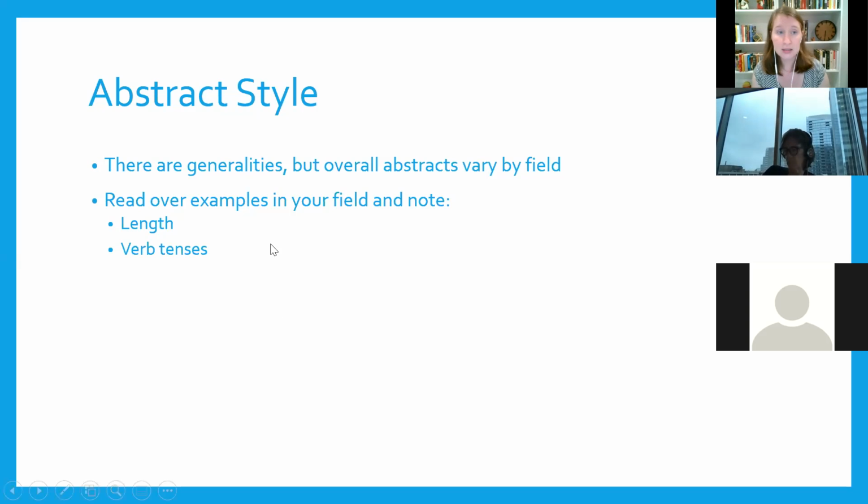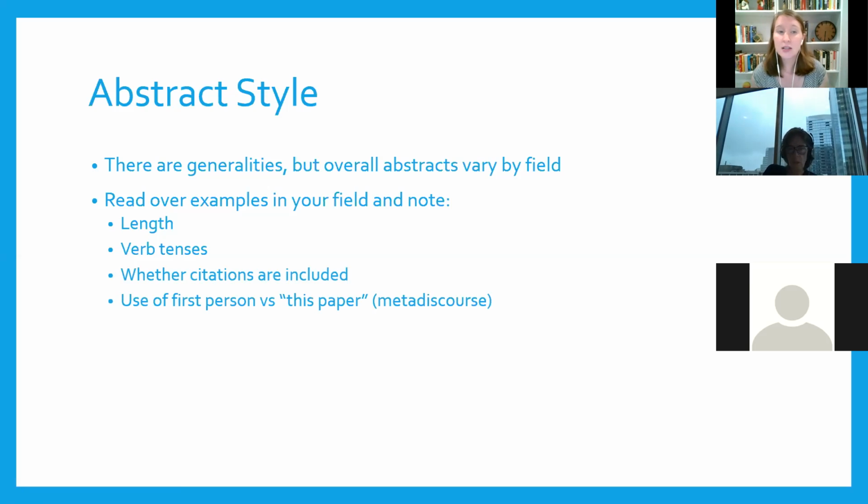And that can depend. Whether citations are included. Some fields include citations in their abstracts, where other fields do not include citations in their abstracts. So just pay attention again, read the abstracts in your own field, see if any in-text citations show up or not in the abstract itself.